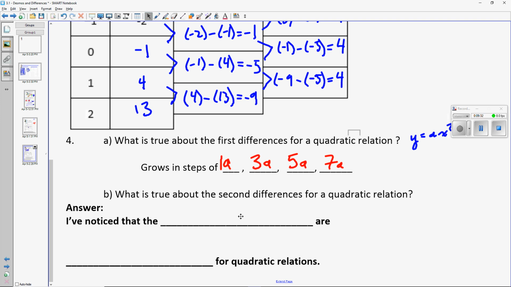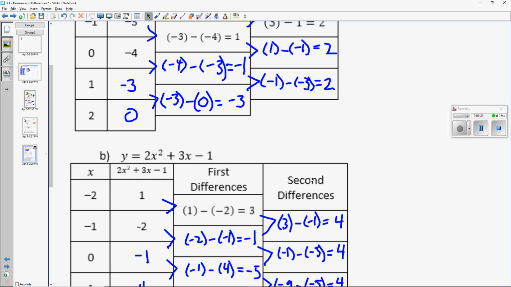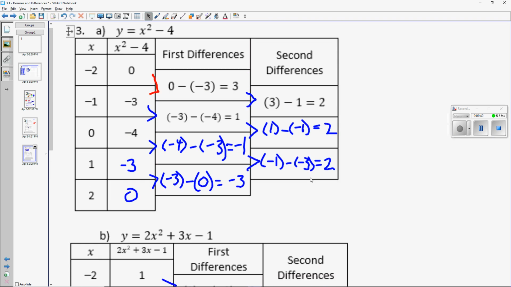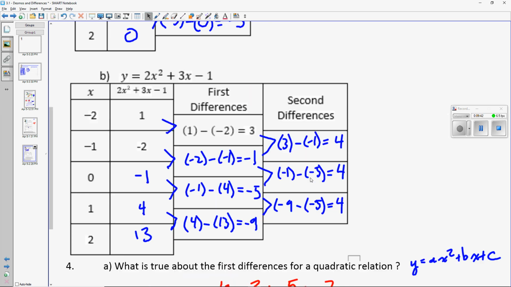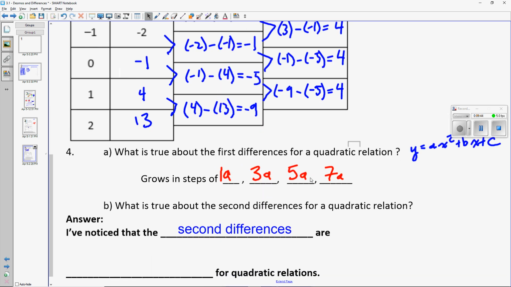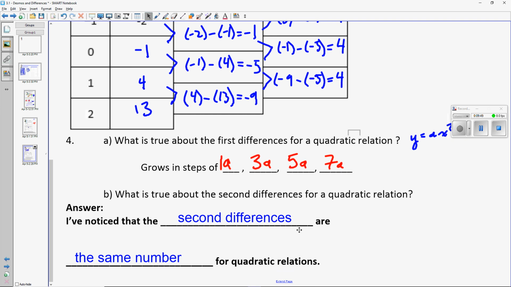So what's true about the second differences for the quadratic relation? You should notice that if we have a parabola or a quadratic, the second differences are the same number. If the first differences are the same, then we know it is a line.